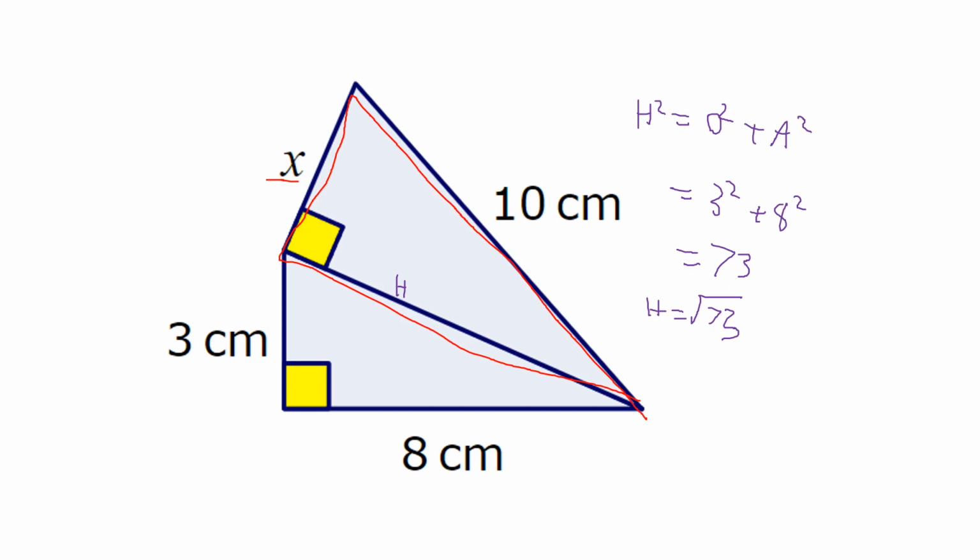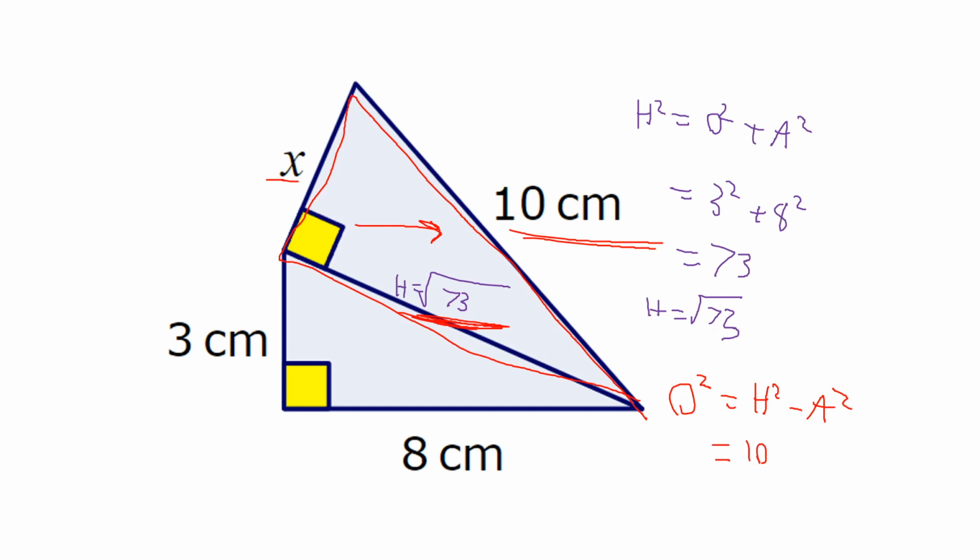So let's label that on our diagram. This is now root 73. Okay? Now let's take a look at this triangle again. We can see that the side that's opposite the right angle is 10. So in this case, we're going to use opposite squared is equal to hypotenuse squared minus adjacent squared. So now this is our adjacent because it's not the largest side. 10 is. So let's plug it in.